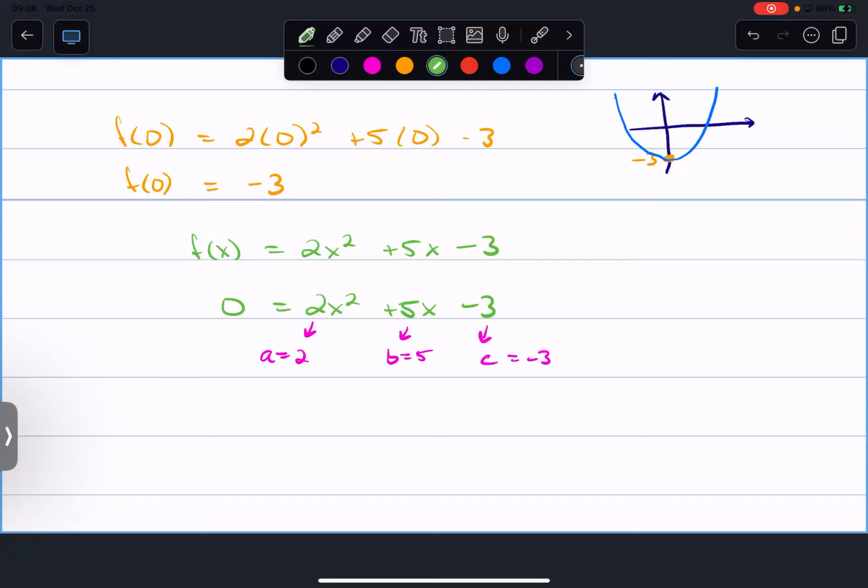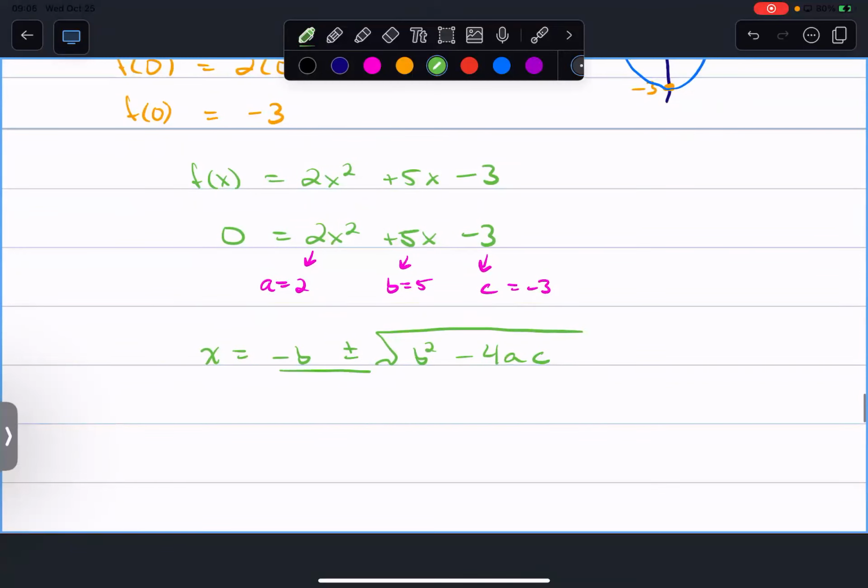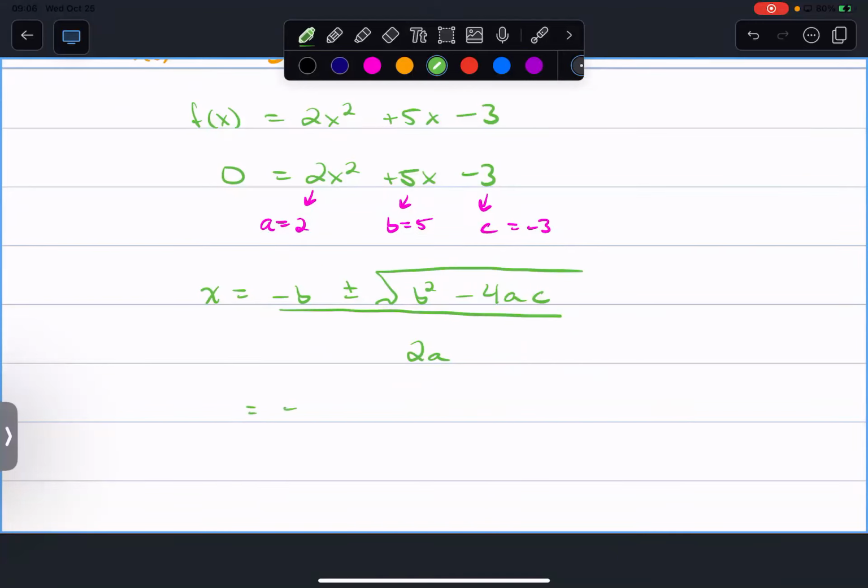Okay. So now x is -b plus minus the square root of b squared minus 4ac divided by 2a. Plug and chug. This is going to be -5 plus minus the square root of 5 squared minus 4 times 2 times -3, all divided by 2 times 2.